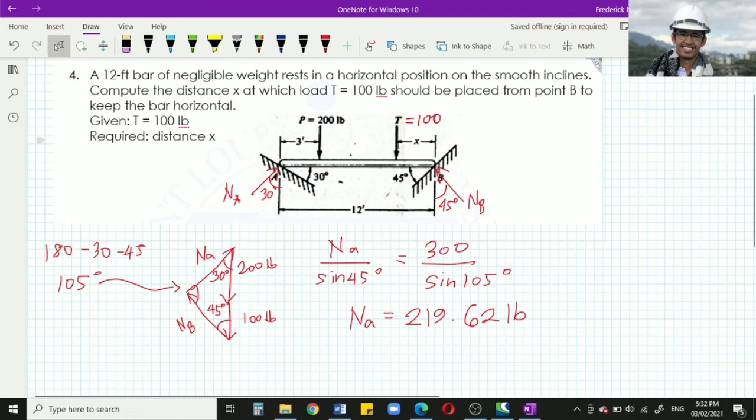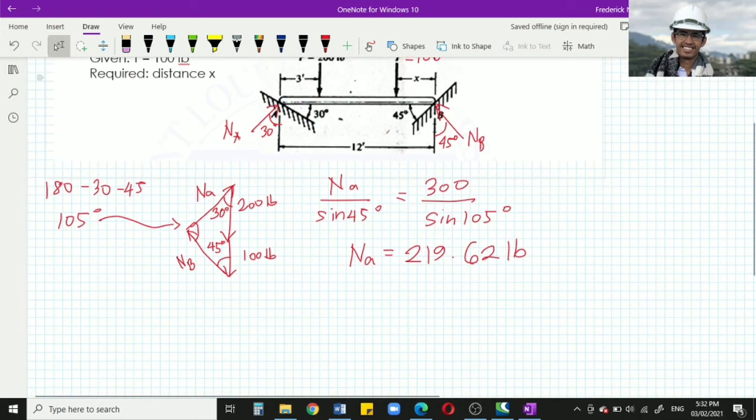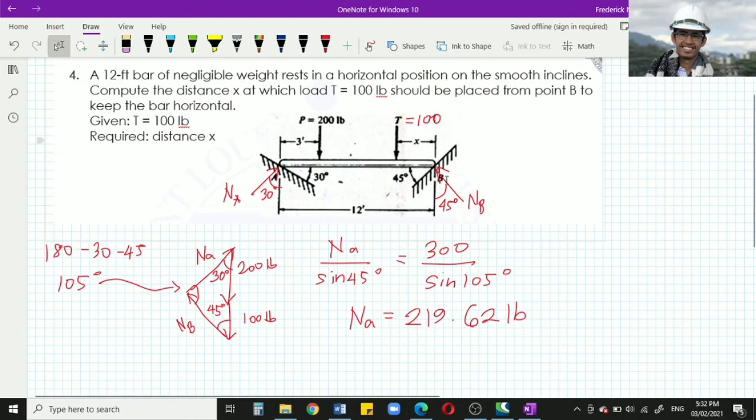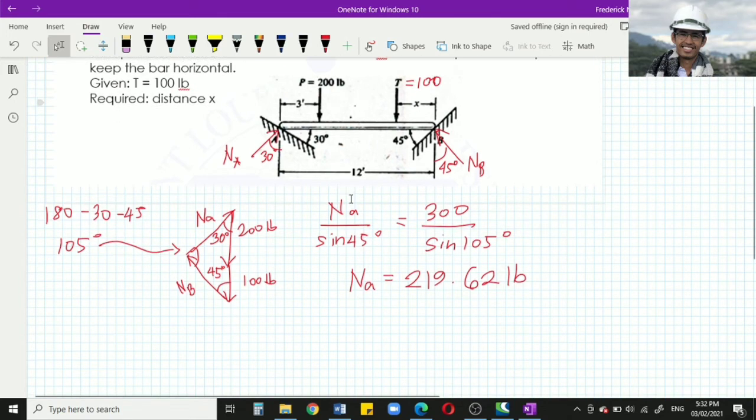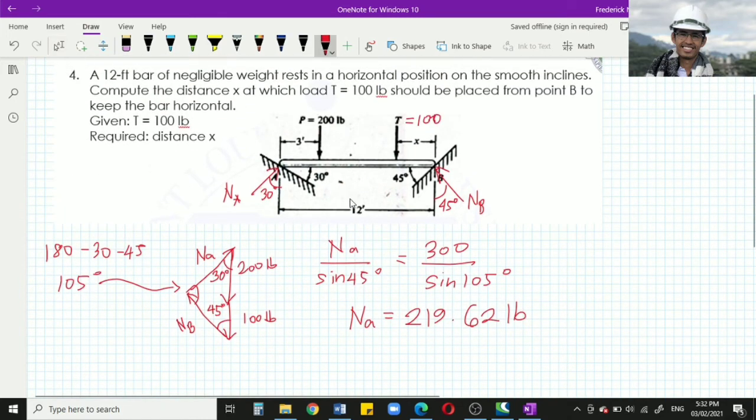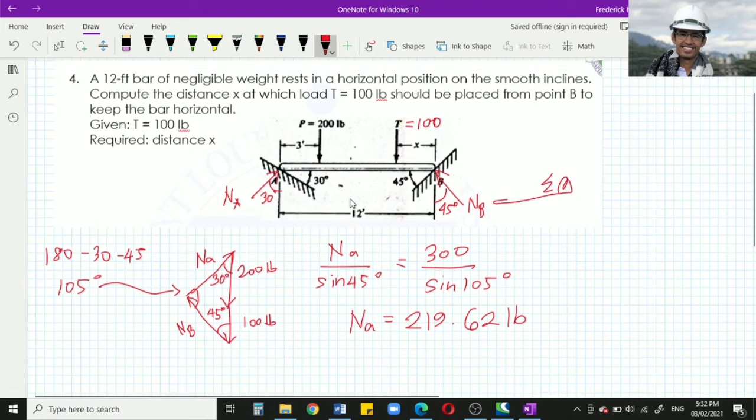So, value ng X papuntang point B. From point B. So, magsa-summation tayo na moment at point B para makuha natin yung value ng X. So, given na yung mga forces natin. So, let's do this.